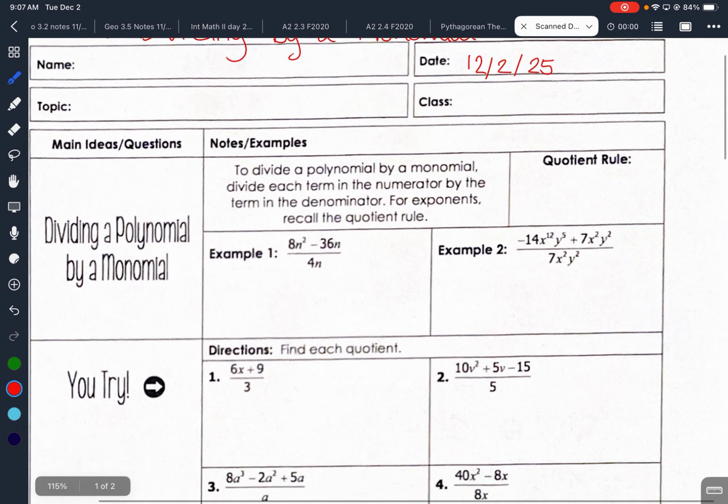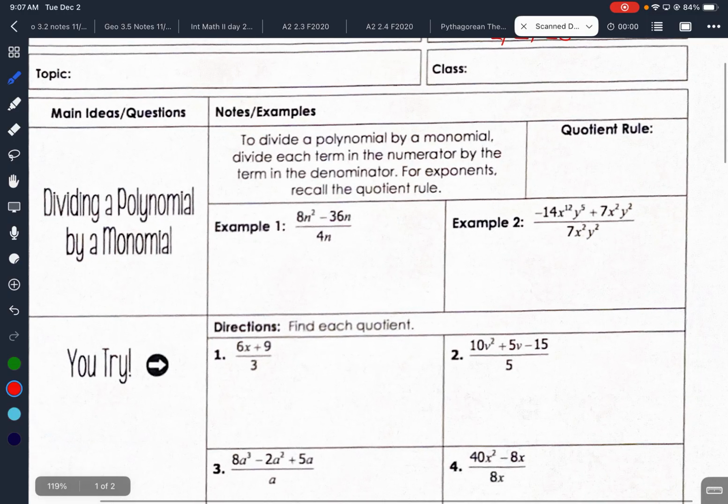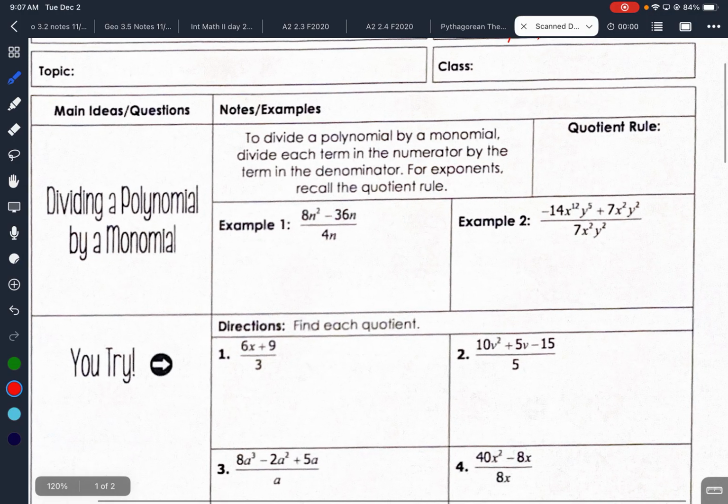To divide a polynomial by a monomial, you divide each term in the numerator, so you're dividing each term. It's the big key, okay? In the numerator, which part of a fraction is the numerator? Top.